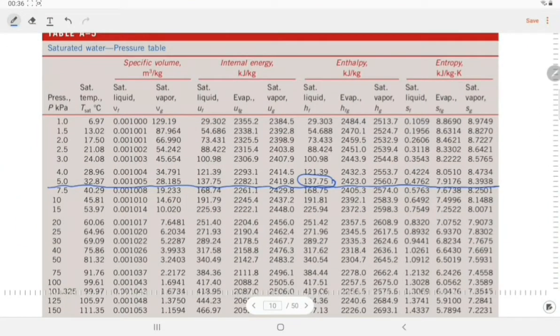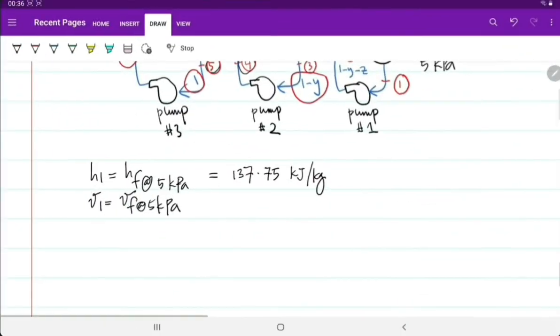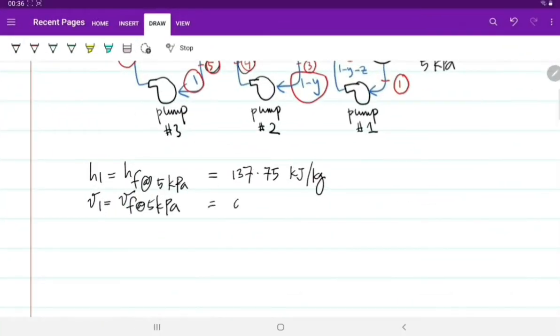Again, you refer to the specific volume table, which is VF, which is here, 0.001005 meter cube per kg.